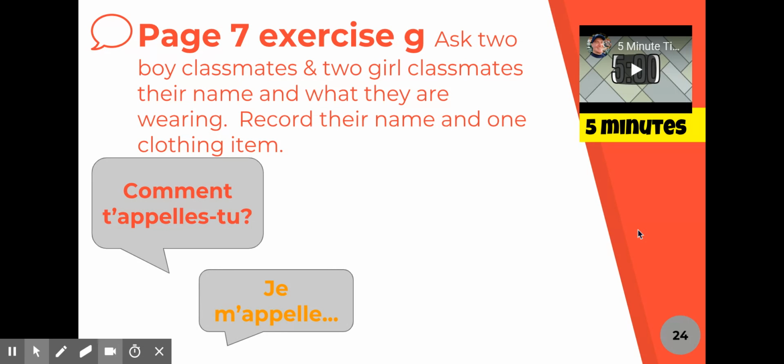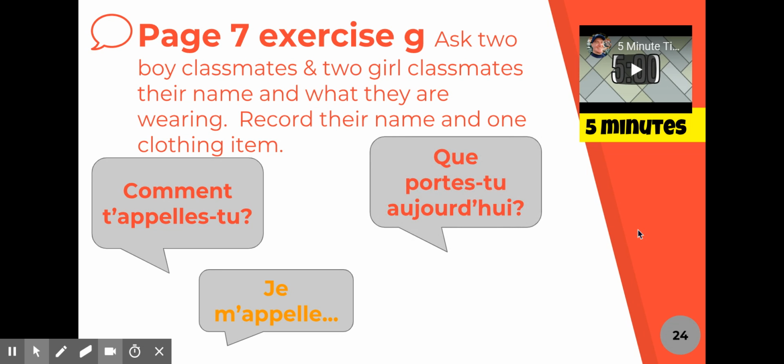Je m'appelle Madame Carol. Bien, répétez. Que portes-tu aujourd'hui? Répétez. Je porte un jean, un sweat à capuche et des chaussures. Okay, good. So that is what you are going to do.